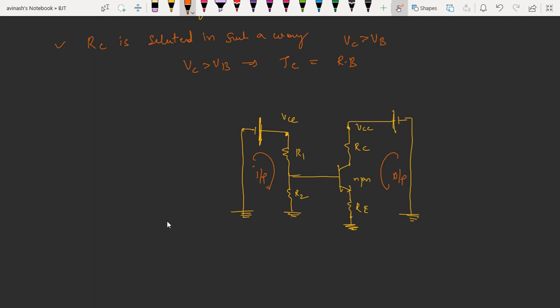So how do we find the Thevenin's theorem? Let me write here, self bias circuit can be simplified by using Thevenin's theorem.